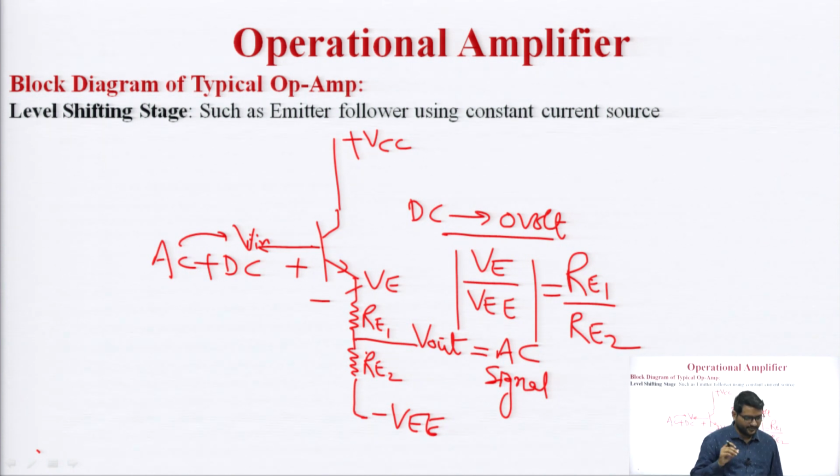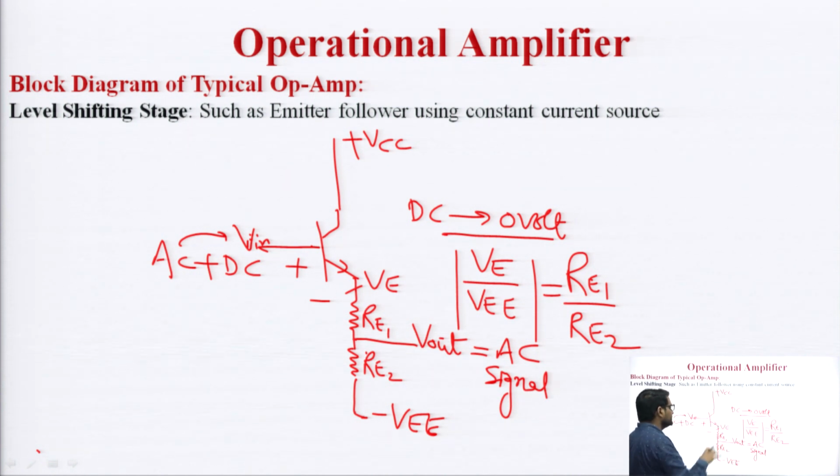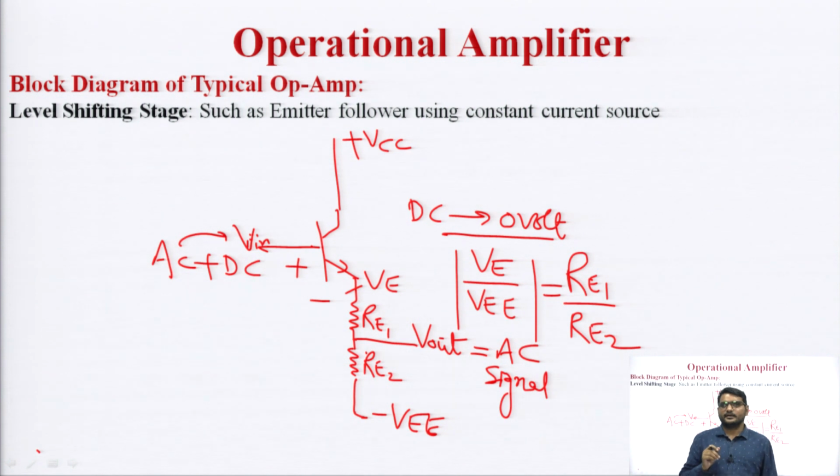Here we could use a capacitor also for level shifting. For example, a clamper circuit acts as a level shifter, but we cannot use a capacitor as a level shifter in the internal structure of the IC 741, because a microfarad, a high value of capacitor, is very difficult to fabricate on a silicon chip.